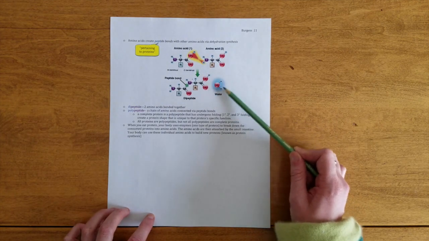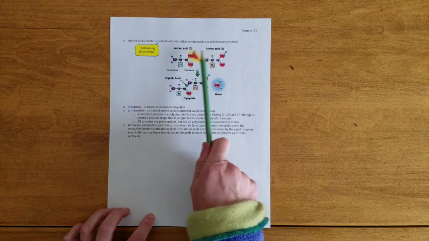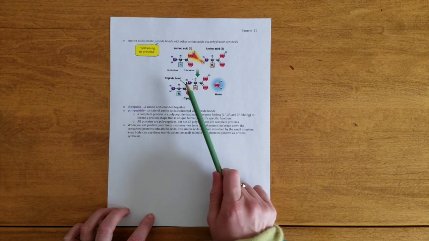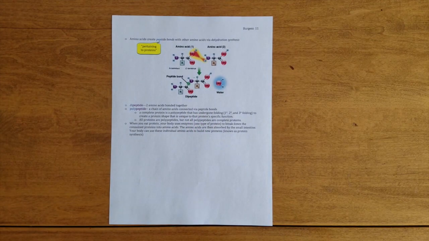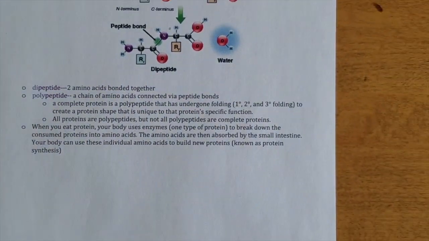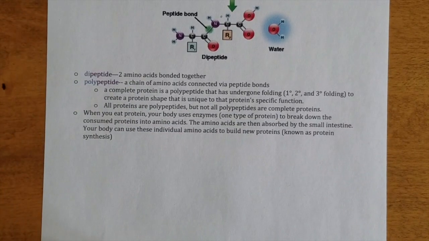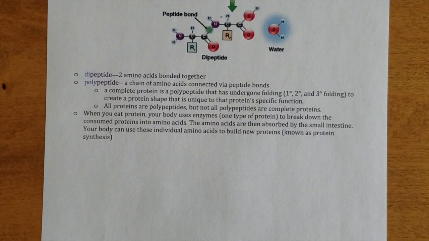Out pops a water molecule here, and now we have just joined together these 2 amino acids, at which point we call this a dipeptide. Di meaning 2, and the root pept basically means related to protein.